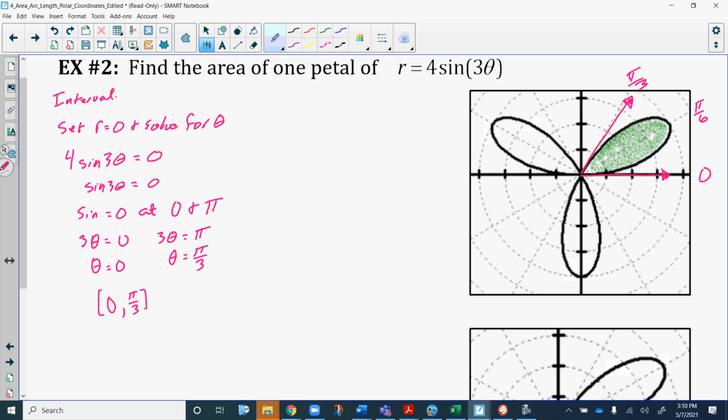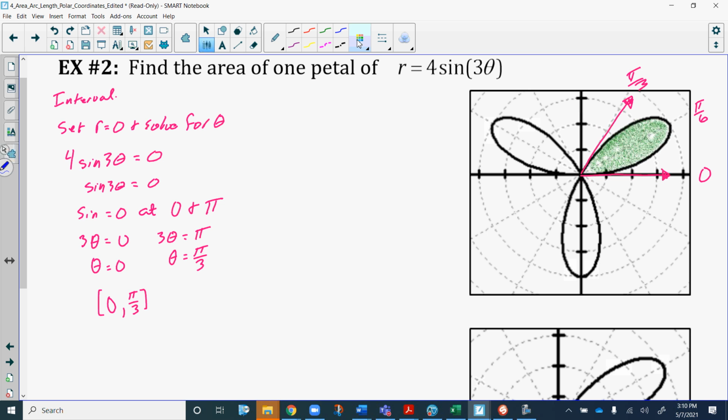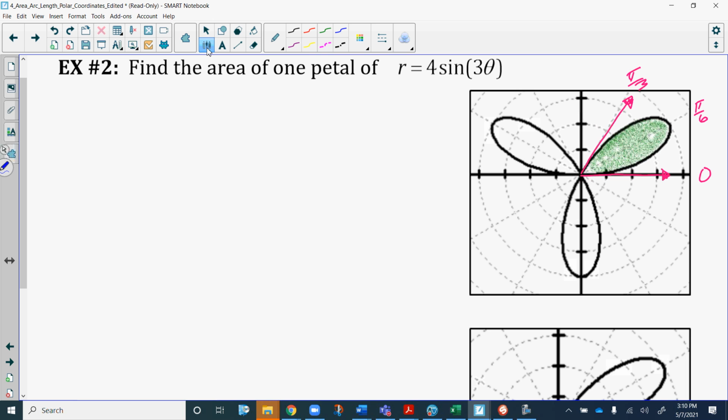So now let's go to our area and see what we have for our area. Because I know I'm going to take a lot of space horizontally the way I'm writing, I'm going to go ahead and clear all of this stuff off so I have space to do my area.